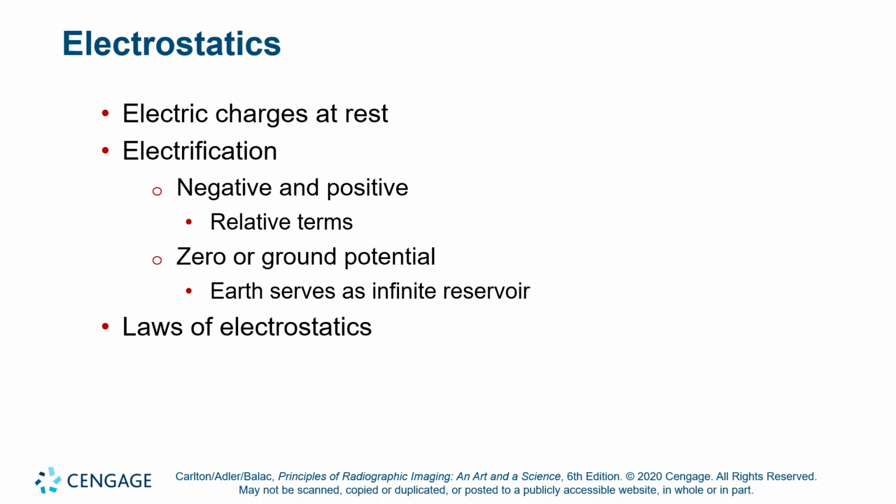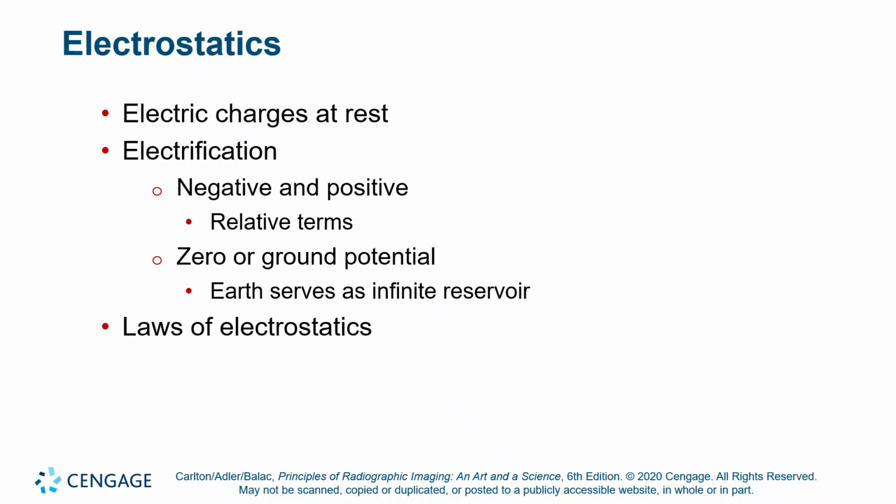So in electrostatics, we can charge materials positively or negatively, depending upon if we put extra electrons on them or if we steal loosely bound electrons from them. Okay? And so negative and positive charging of objects can occur.